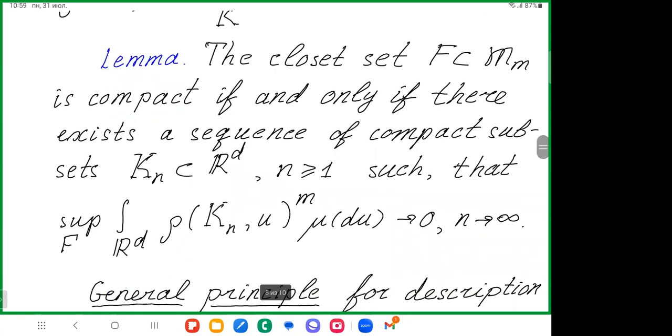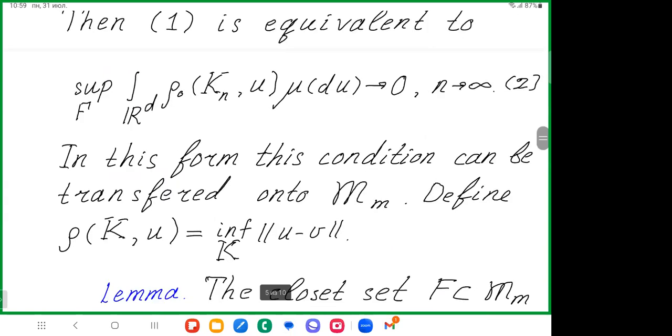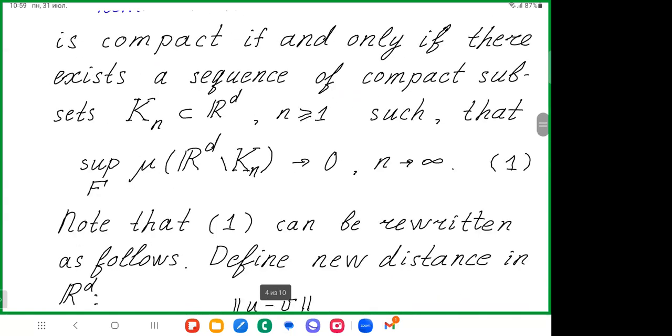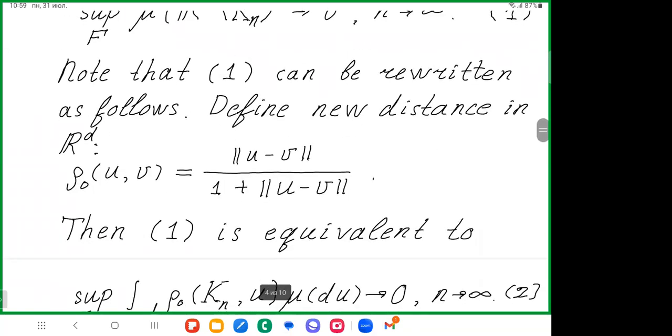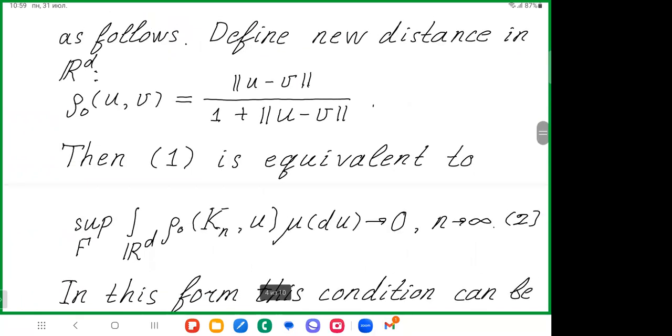You see, it is almost the same as what we have in the case of all probability distributions and Wasserstein distance of order 0. So in the case of weak compactness, we just need that the sup of integrals with this distance tends to 0.